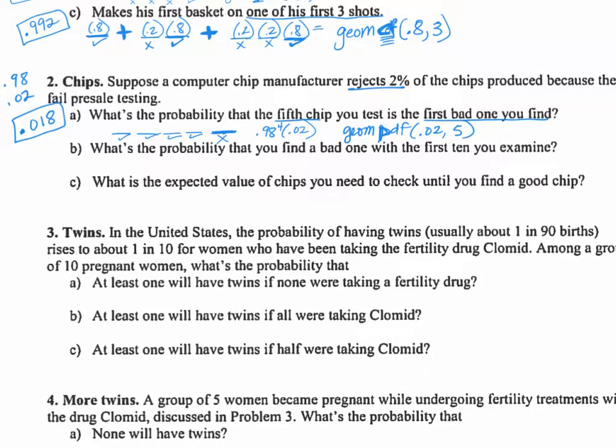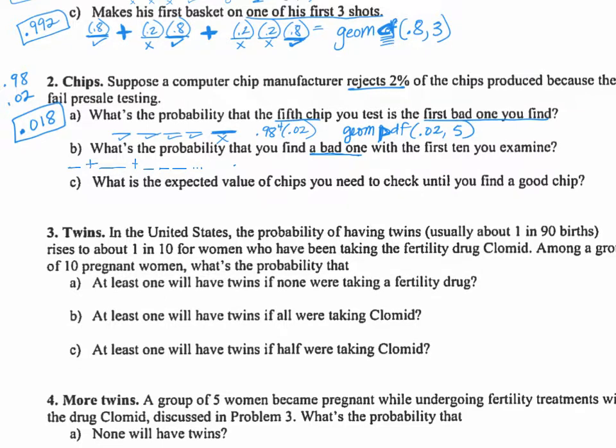All right, the next one, I have 2 options of how to do Part B. What's the probability that you find a bad one within the first 10 that you examine? So one way to think of this is, you can say, this is a bad one, and it's amongst those first 10. So you could say it's in the first spot, or it's in the second spot, or it's in the third spot, and so on.